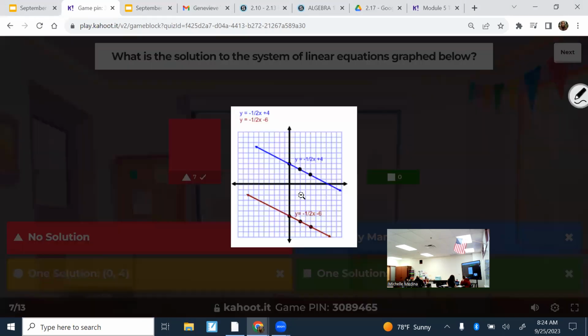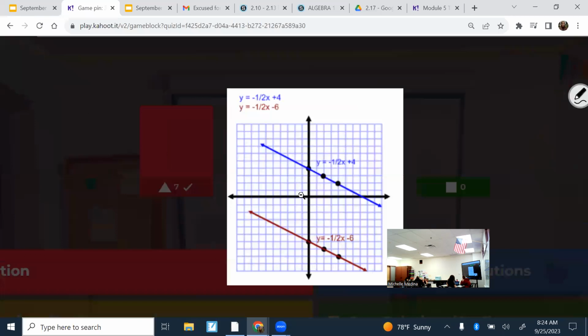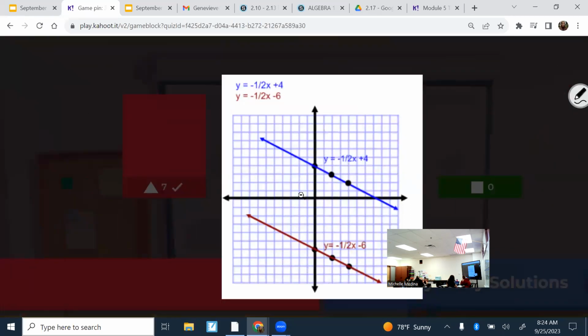You should just have to look at it and visually verify what about the two lines to figure out that they have no solution. What do you need to look at? Table 2, can you tell me? What do I have to look at, verify on the graph to make sure that my answer is no solution?